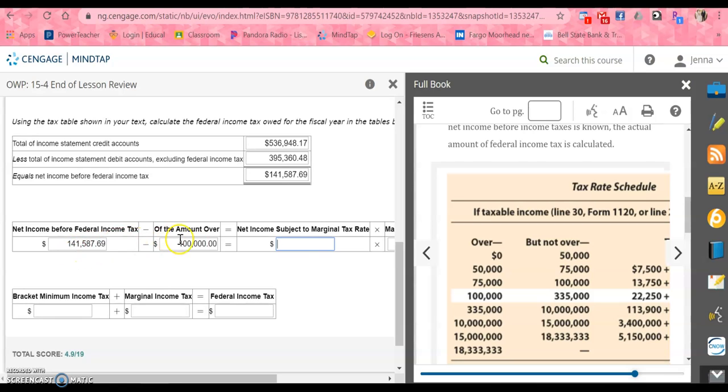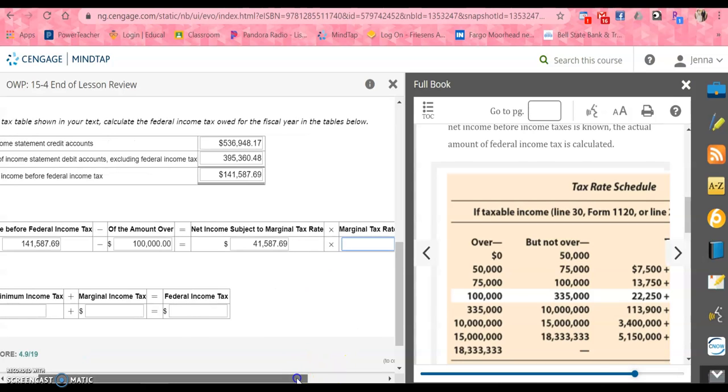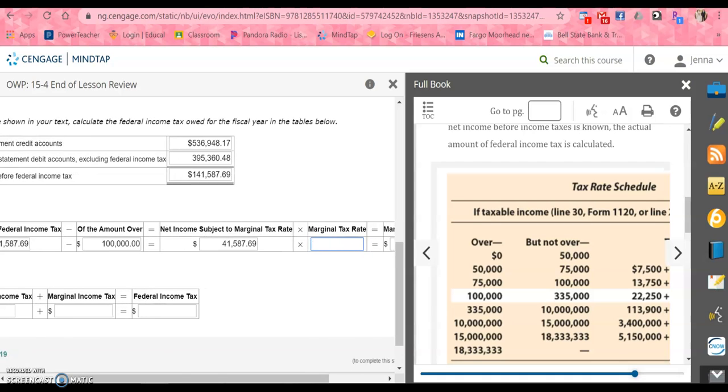Now it shows me I'm just subtracting these two numbers to find my net income that is subject to marginal tax rate. Okay, so I'm going to take 141,587.69 minus 100,000. And I don't even know why I'm putting that in my calculator because that should be easy math. So I get 41,587.69.